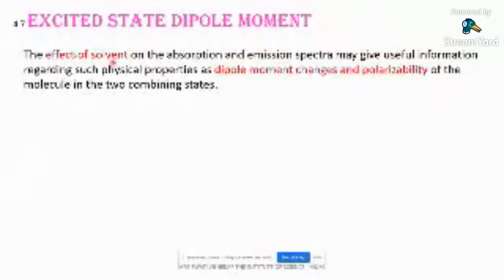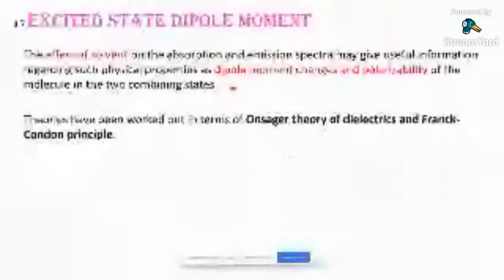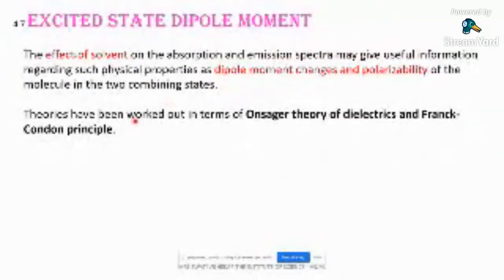So the effect of solvent on absorption and emission spectra gives useful information regarding physical properties such as dipole moment changes and polarizability of the molecule in the two combining states. The theories have been worked out in terms of Onsager's theory of dielectrics and the Franck-Condon principle.